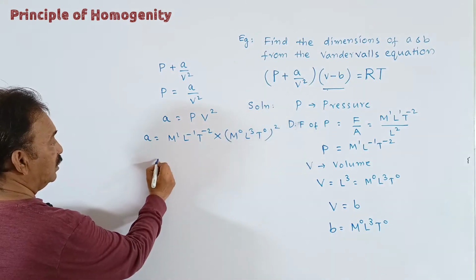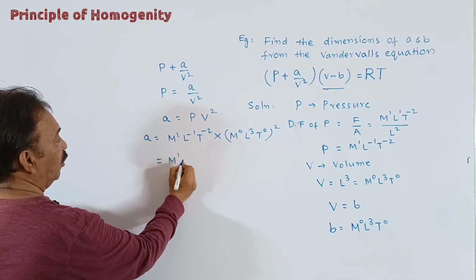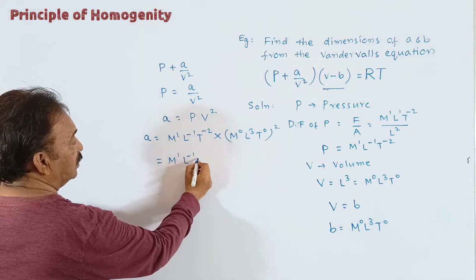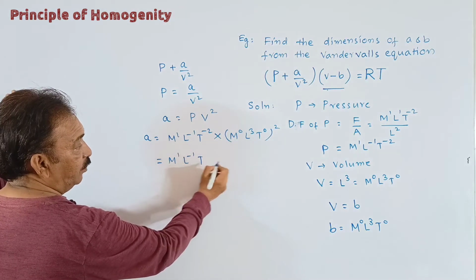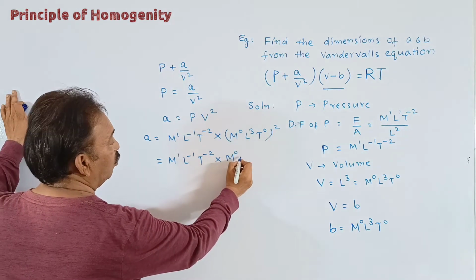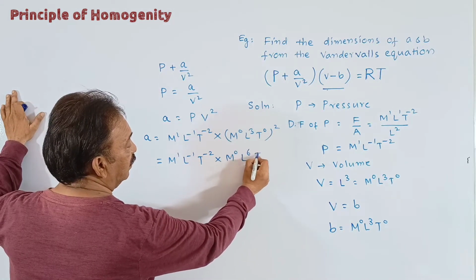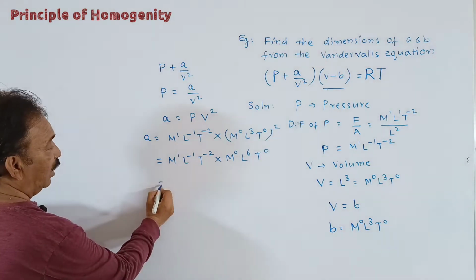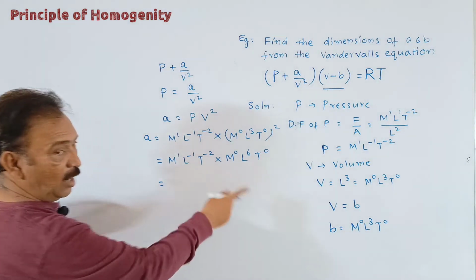Then it can be written as M to the power of 1, L to the power of minus 1, T to the power of minus 2, multiplied with M0, L power 6, T to the power of 0. And you learned that when the bases are the same, we have to add the powers.